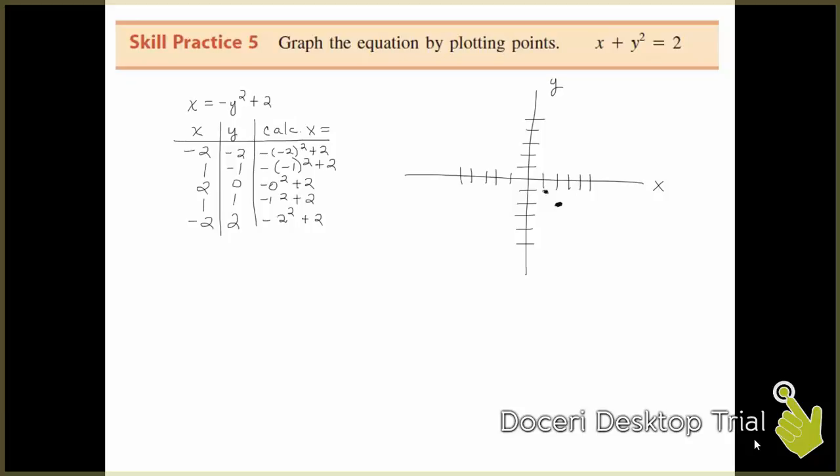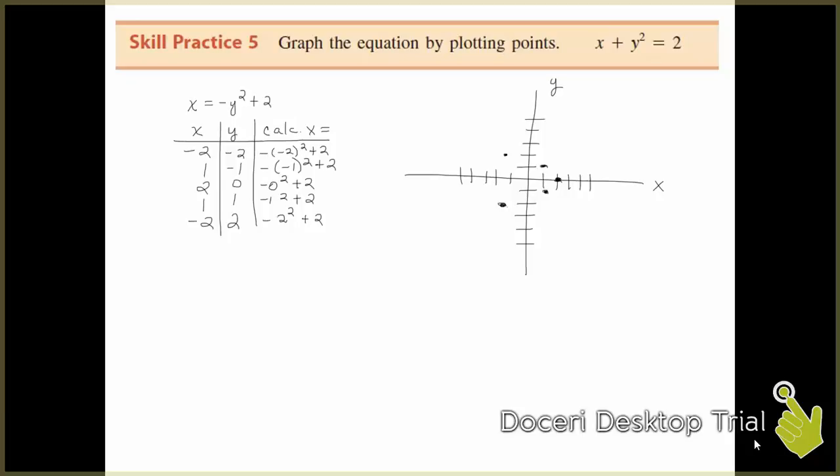Then we have 2, zero. Oops, this first point is wrong, excuse me. Take that off. Negative 2 is over here. Then we have 2, 0, which is right here. Then we have 1, 1. And then we have negative 2, positive 2.